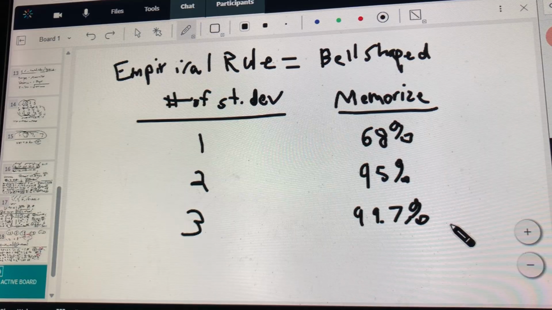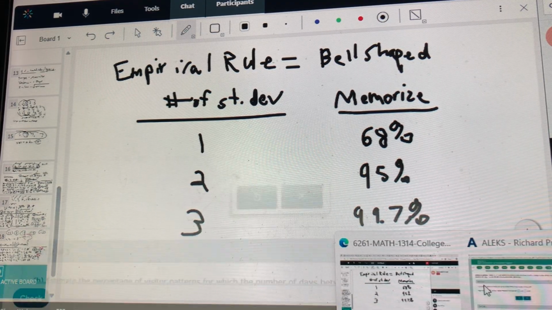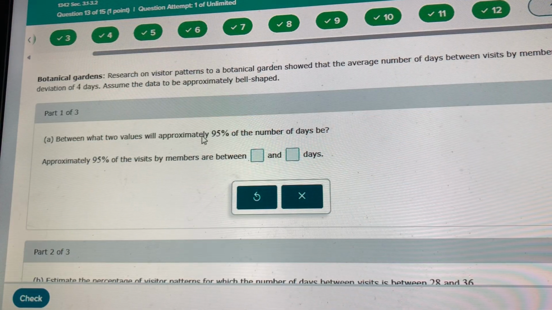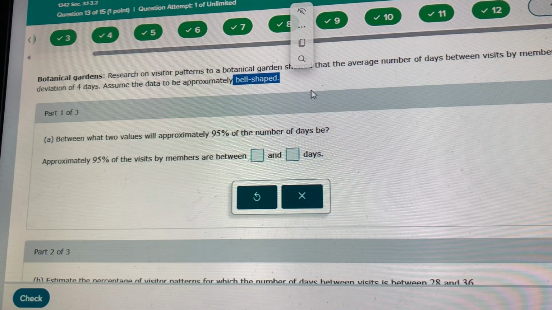One of 2 things will happen. They'll either give you the percentage and ask for the values, or they'll give you the values and ask for the percentage. See how this first problem has the 95% here. It's given me the percentage, and it wants to know what 2 numbers I am between. Once you realize you have an empirical rule problem, and notice it does say bell-shaped right there, that tells me empirical rule for sure.